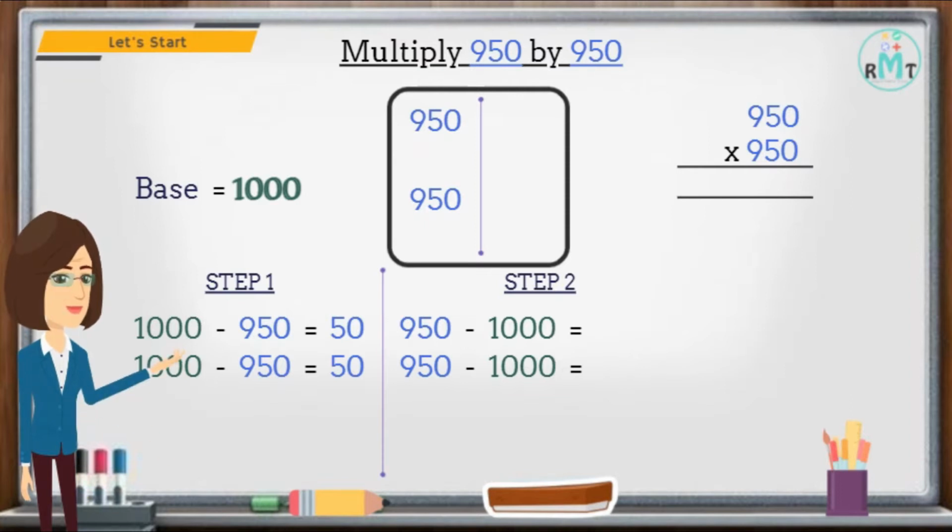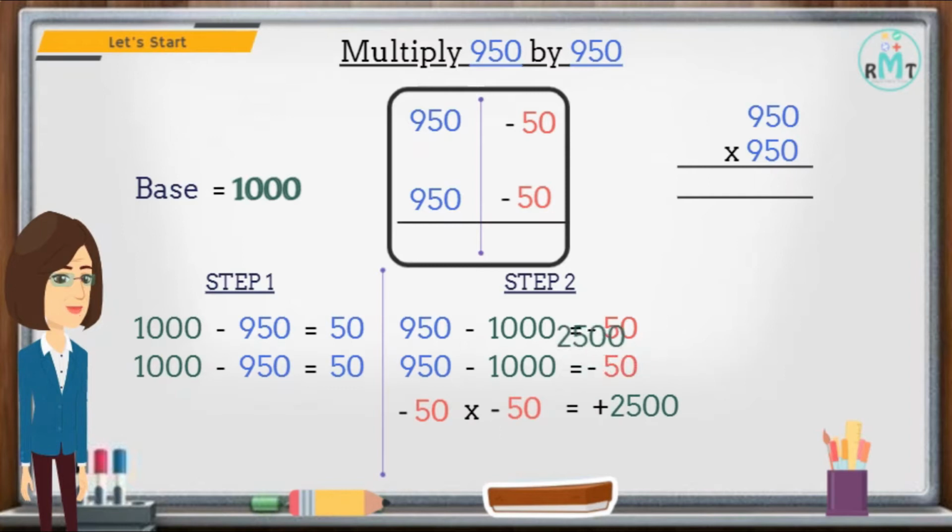Now, the difference between 950 and 1000 is minus 50. Now, we multiply minus 50 with minus 50. So we get 2500 as the answer.